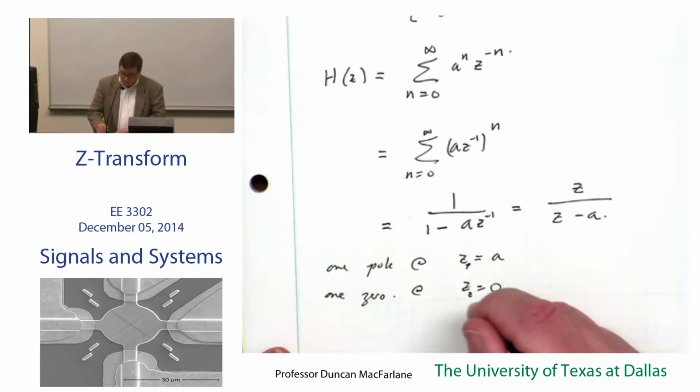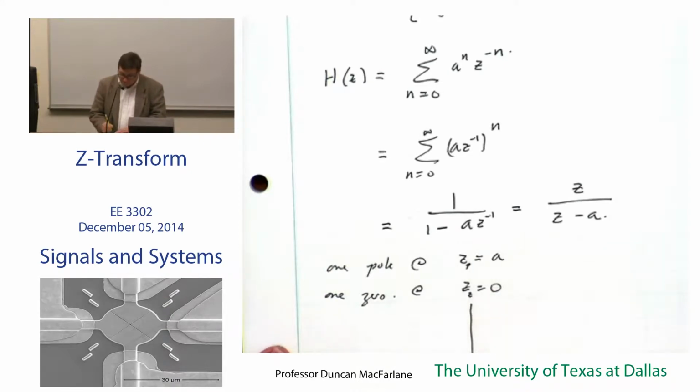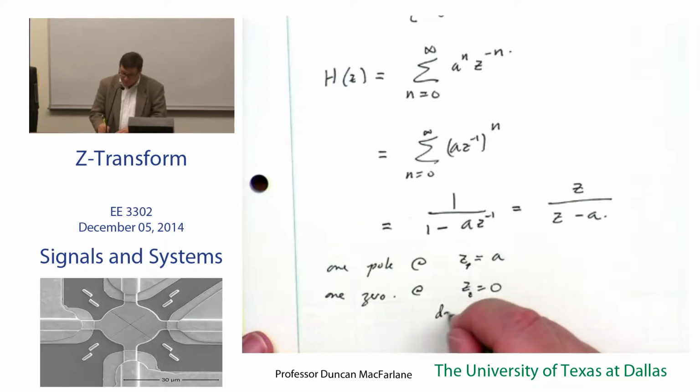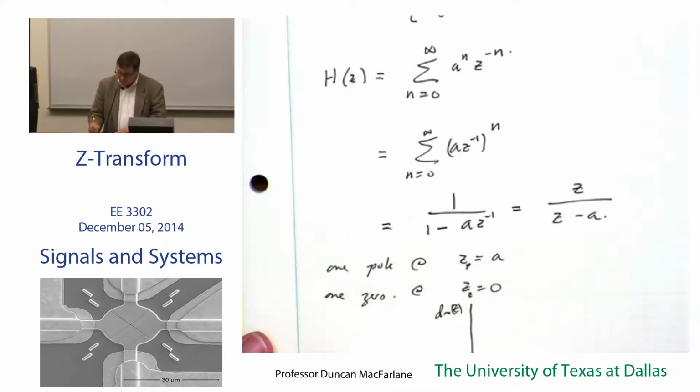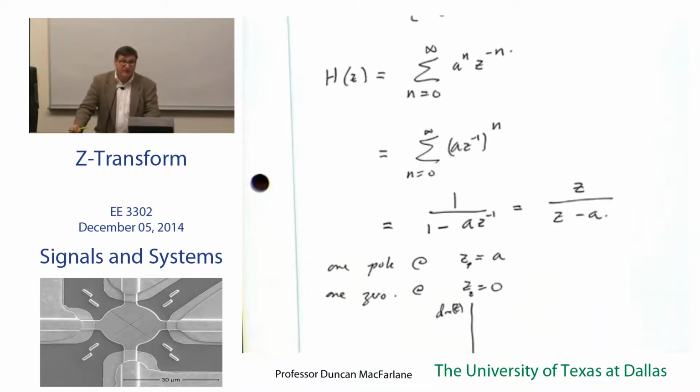And so now we'll try our pole-zero plot. The imaginary part of z and the real part of z. If I plot the trivial zero, I put a circle at the origin. That's the notation for it.